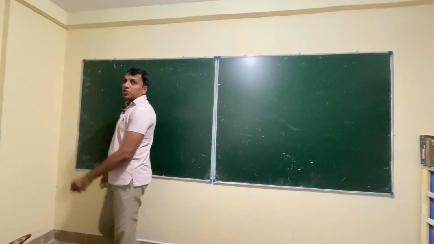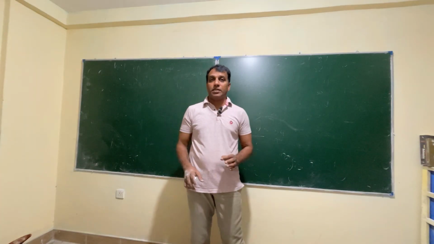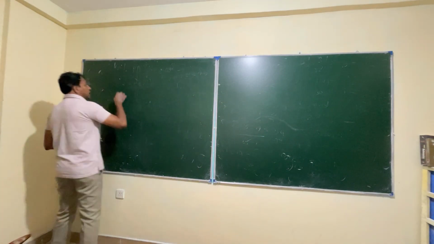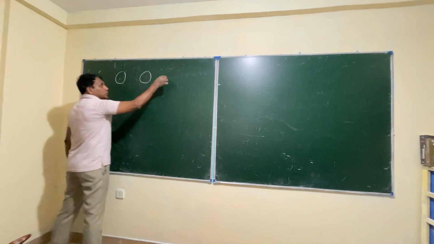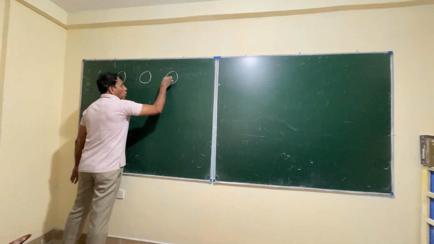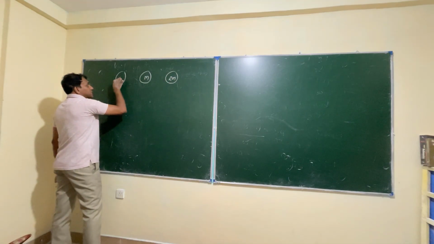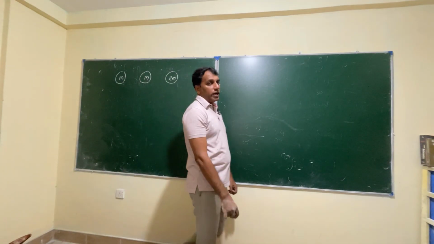So here the question says three balls of masses m and 2m, three spheres, are along a straight line.